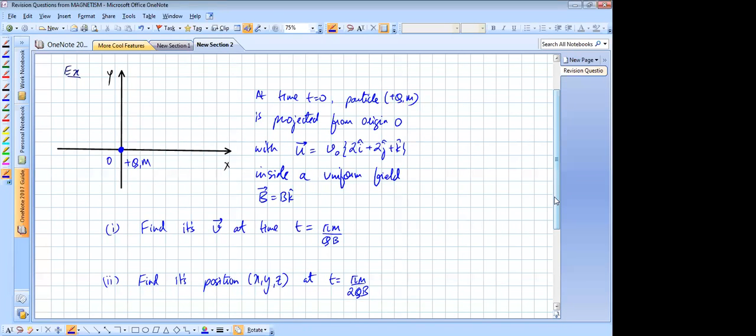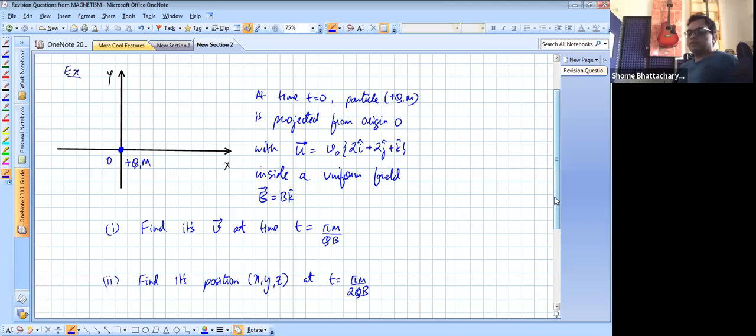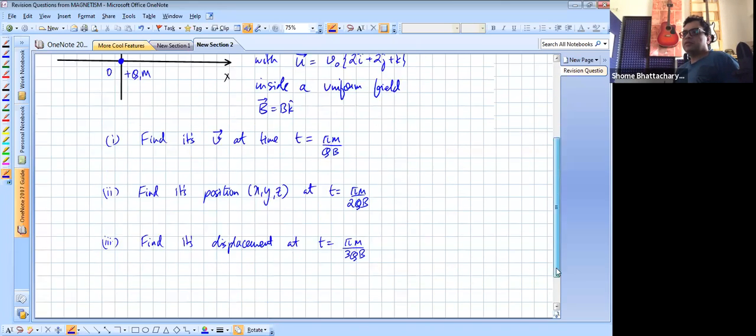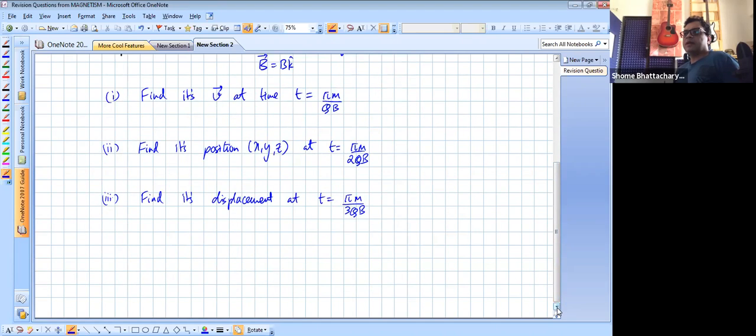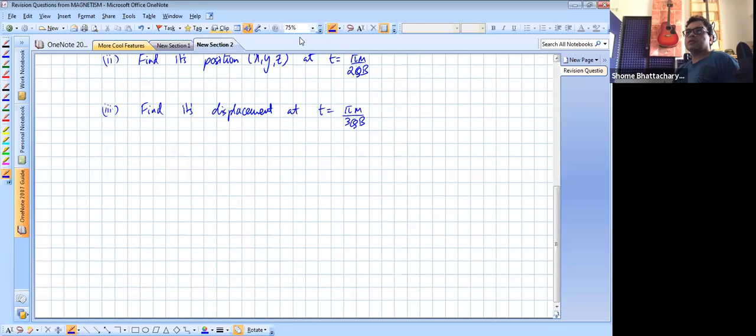Okay, so to begin with, you can see that it is a helical path, because you have a charged particle in a uniform field with velocity which is neither parallel nor perpendicular.